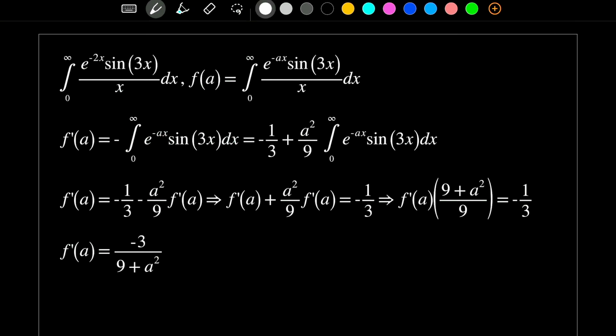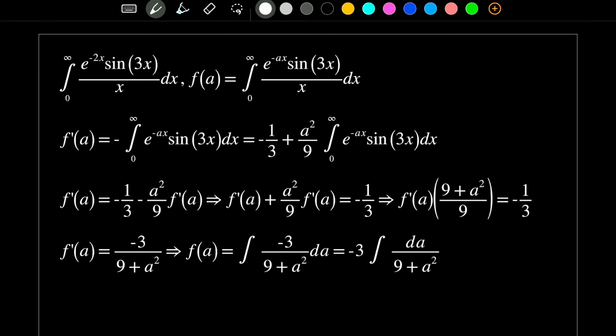So what do we need to do to get our f of a here? We're just going to need to take the antiderivative. So let's do that. Let's take the antiderivative. So f of a is going to equal the antiderivative of minus 3 over 9 plus a squared dA.